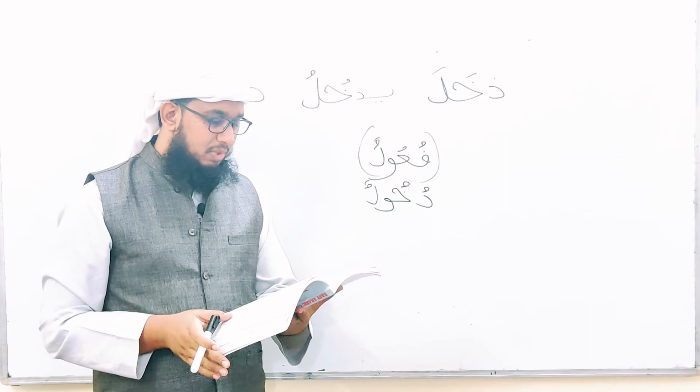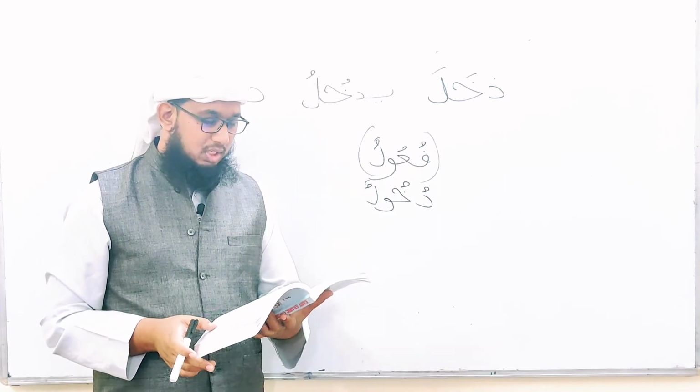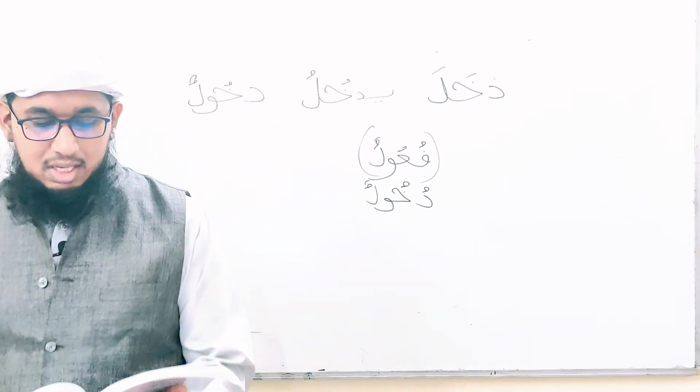Now look at here, exercise number 13. اقرأ الجمل الآتية وعين المصادر الواردة فيها. So you have to underline the masdar in the following sentences. لهذه الحافلة بابان. In this bus there are two doors.